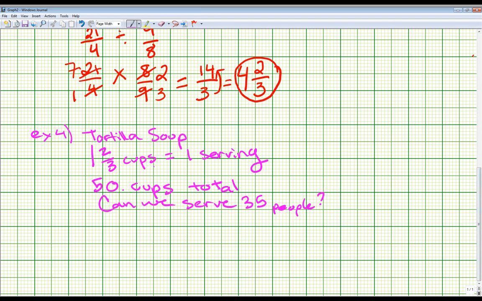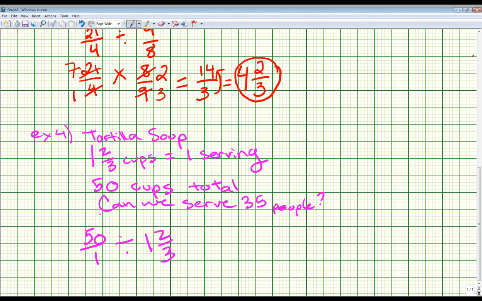So what we're going to do here is take our 50 cups total and divide by 1 2/3 per serving and see if we can get at least 35. So 50 cups would be 50 wholes, which would be 50 over 1. I'm going to divide my 50 wholes by 1 2/3.